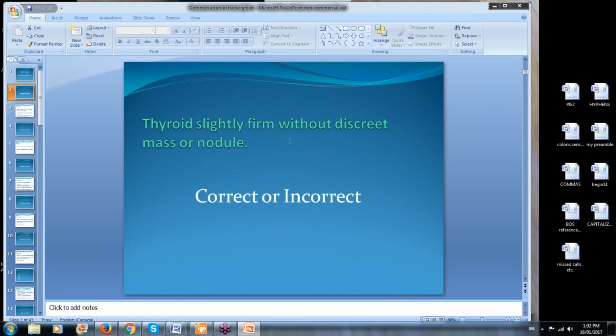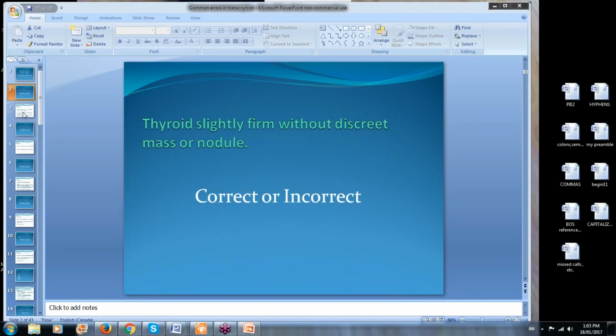Thyroid, slightly firm without discrete mass or nodule. Now, is this correct? Is everything correct in this sentence or incorrect? Trish says incorrect. Carrie says it needs a colon. Victoria, incorrect, discrete.